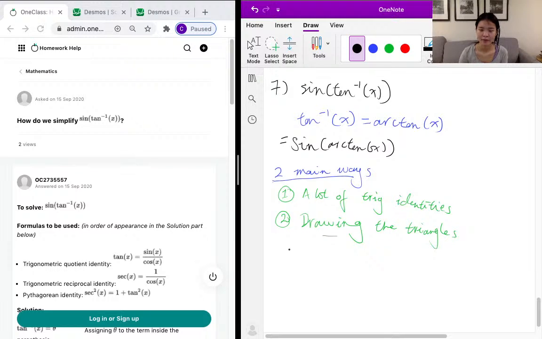Okay, so before solving this problem, I just want to give you a note. We know that the arctangent of x is the inverse of the tangent of x. And we also know that sine of x, cos of x, and tangent of x take in an angle and output a value.